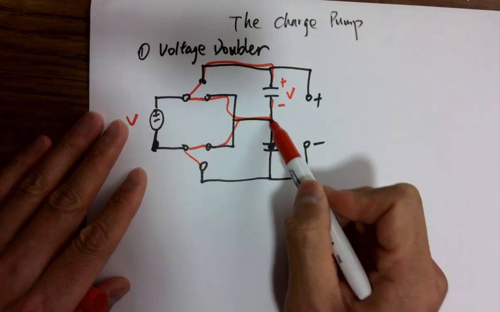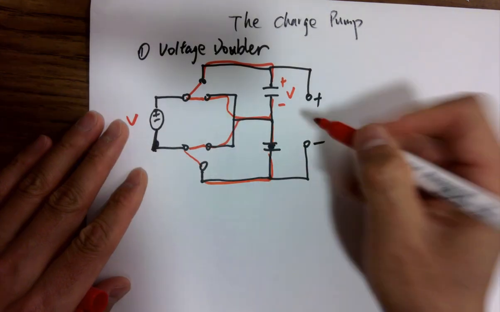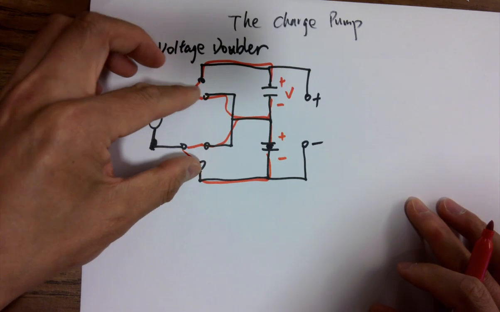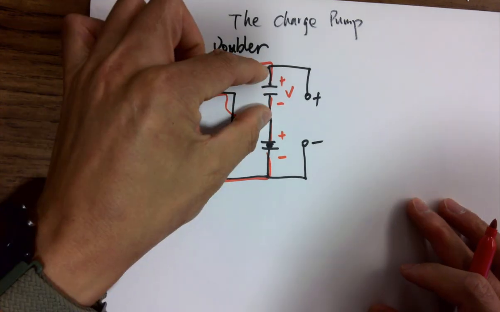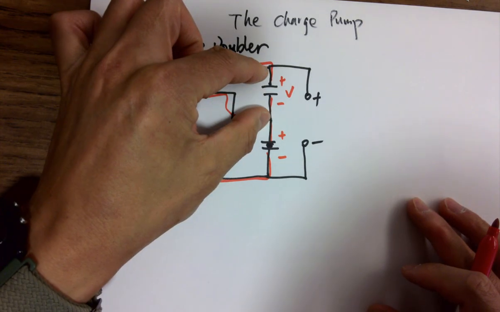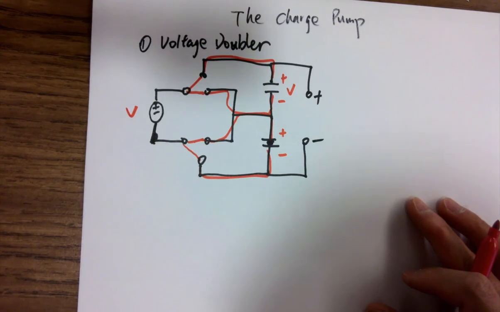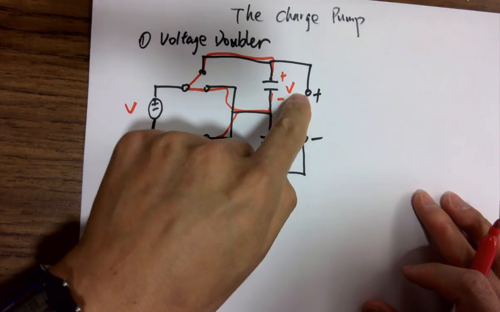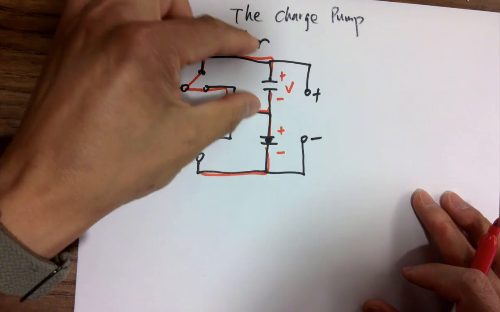Okay. If we switch it down here, what's going to happen? It charges here, right? But when we switch it down here, are the charges here being lost or not? No, they store there, because there's no way to discharge it. It's all disconnected. It will store there.